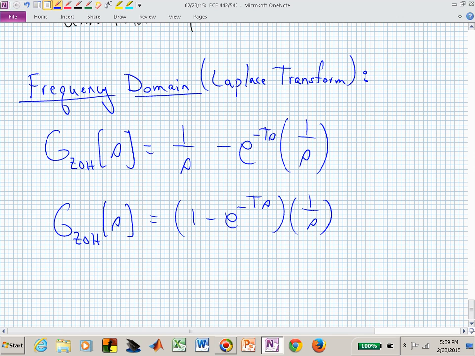Now the unfortunate thing is capital T is some value, and this is generically an irrational expression. That's why you probably never worked too much with this in an earlier class.